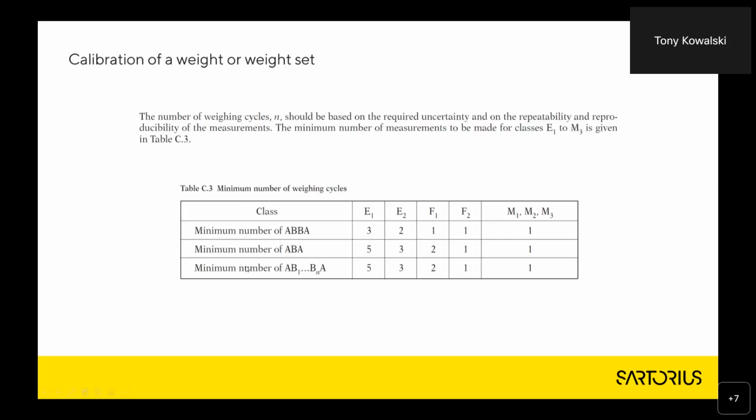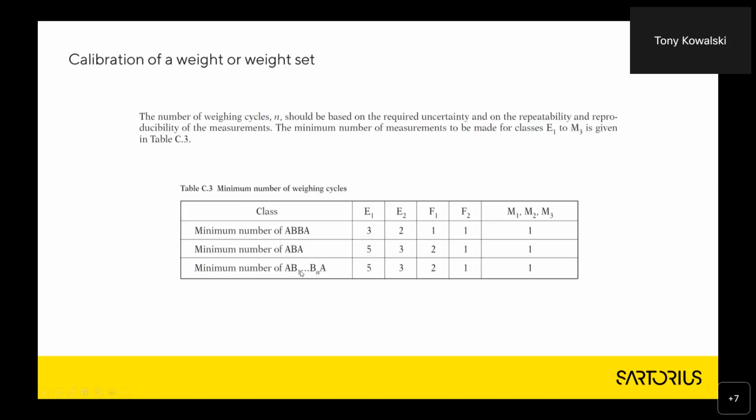There is one other method, rather than ABA or ABBA. Usually we use this for the lower classes of weights, the M class, where we do A and we put our test weight B on again, and then finally at the end, the reference.